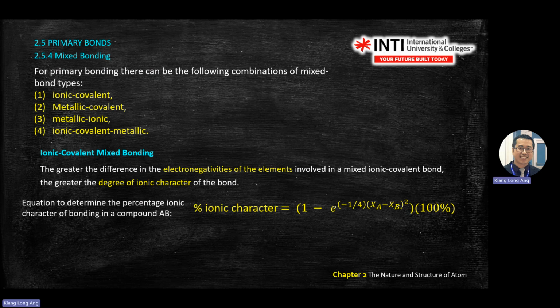Percentage of ionic character, or percentage IC = (1 minus e to the power of minus 1 over 4 times (XA minus XB) squared) times 100%.